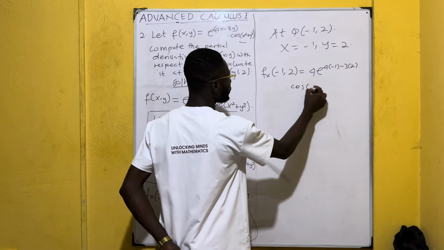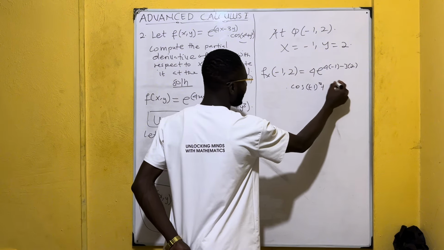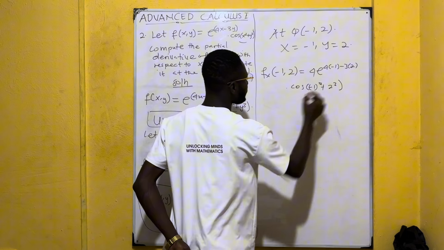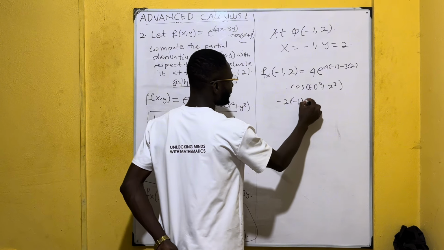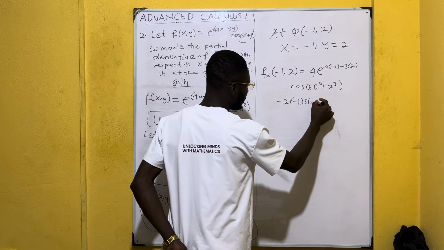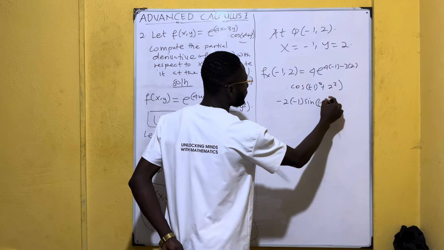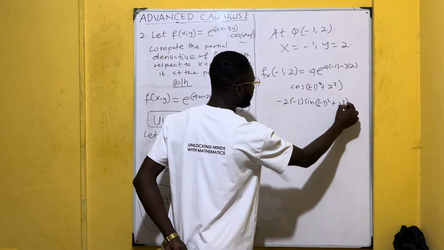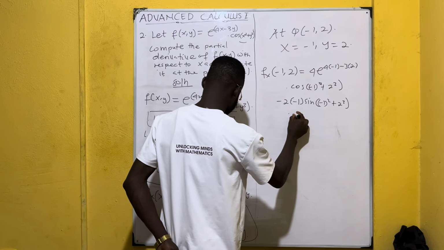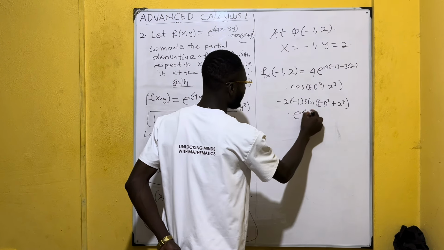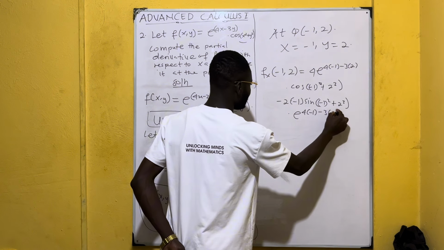Times cos into -1 squared plus 2 cubed, minus 2 times -1 sine into -1 squared plus 2 cubed, times e to the power 4 into -1 minus 3 into 2.